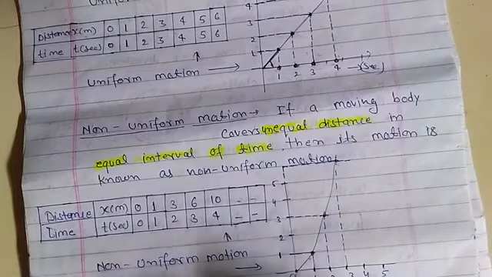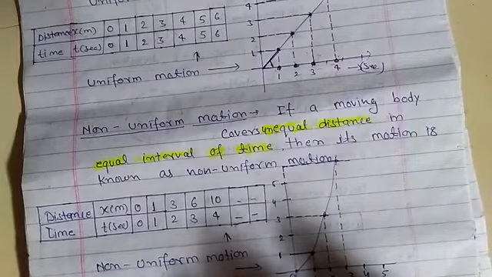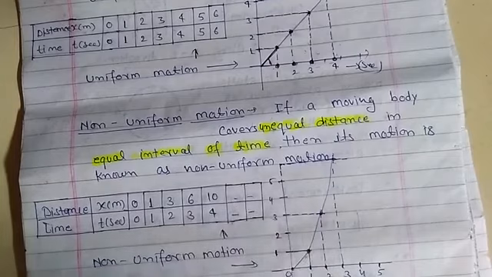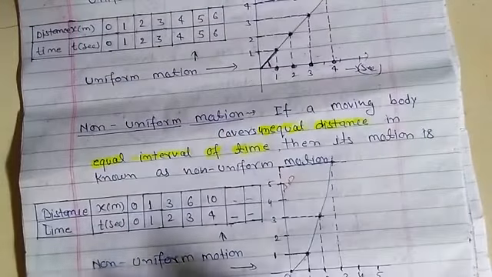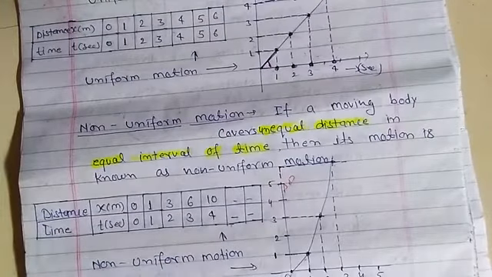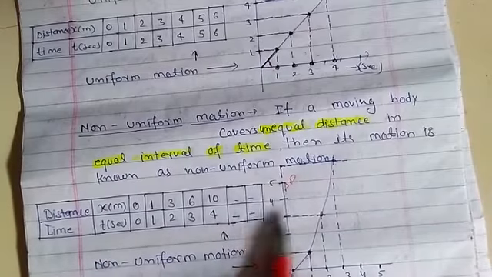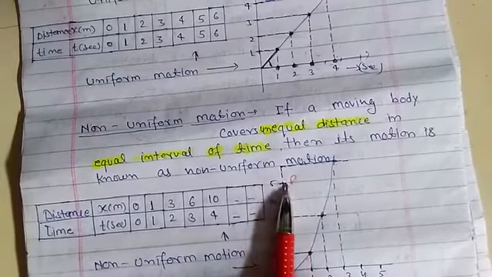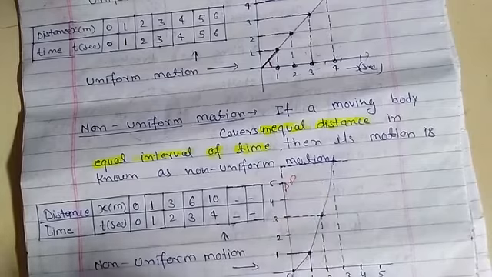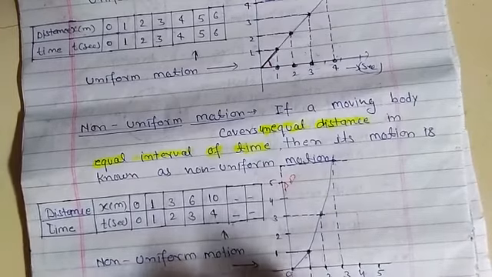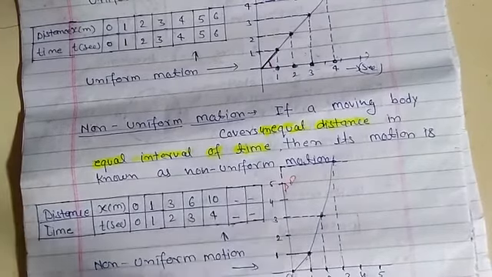So it should be noted that if any line is curved, if a curved line is on the graph plotted between distance and time, then the motion will be non-uniform motion.